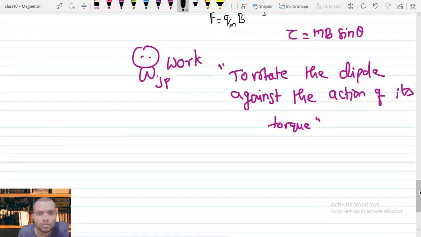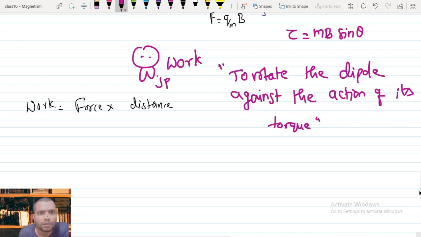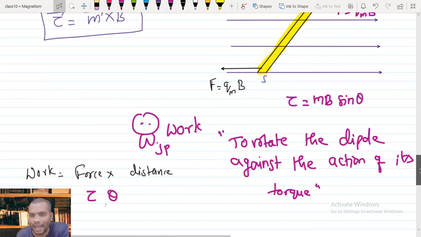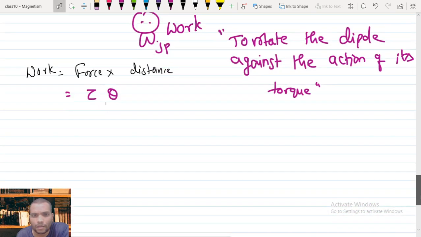We know the work formula, work equal to force times distance. Not perpendicular distance, just force times distance. Here the force is the torque tau, and the distance is theta, because it is aligned at an angle theta. So I write the small work equal to tau times small d theta.